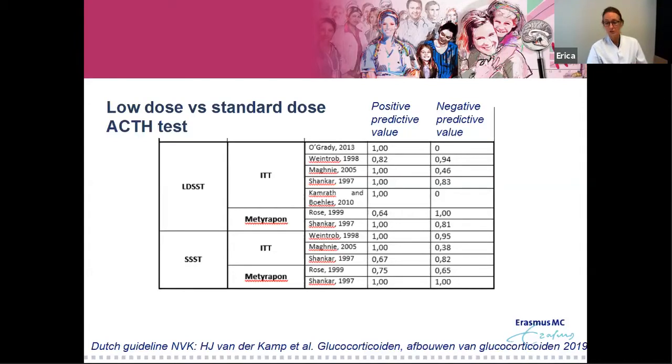Here you see in the Dutch guideline, they extensively looked into literature on what is known on the sensitivity and specificity of these tests. And they compared it to the golden standard tests. And here you see that it depends a bit, of course, on which study you look at, which type of patients, but mainly the predictive values are not that much different of the low dose and the standard dose.